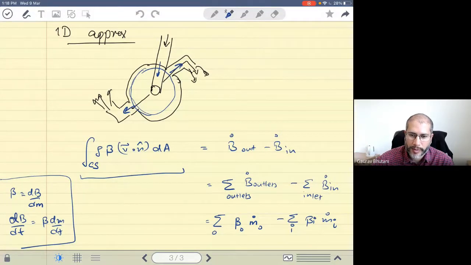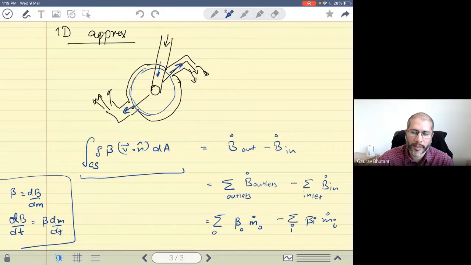So what that means is we don't need to worry about the velocity and area and so on, because we already know the mass flow rate out of that outlet. When we solve the problem, this will become clear. So you don't need to write the integral form all the time. Sometimes life is much easier than evaluating integrals. Now there may be situations where the velocity is varying over the outlet. In that case, you have to use the integral form.